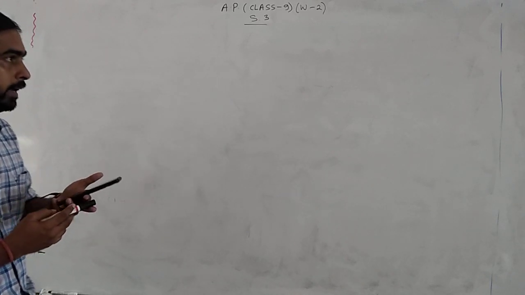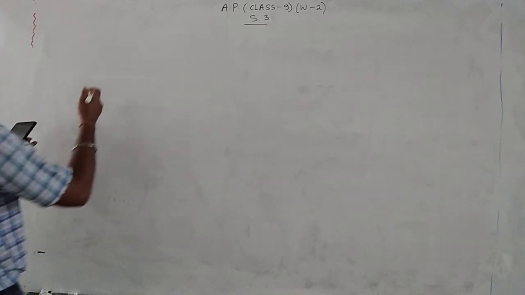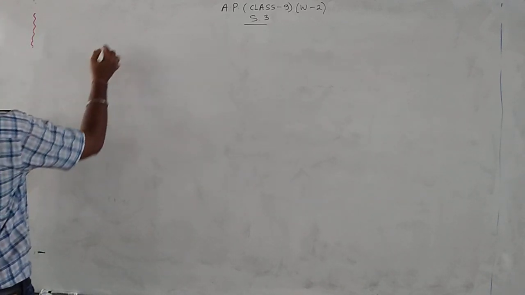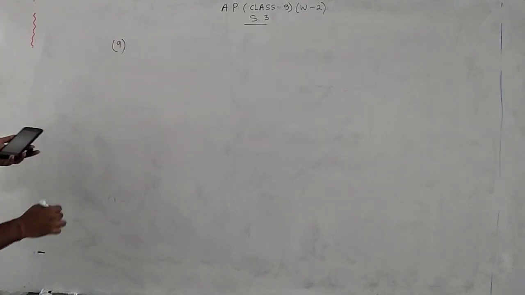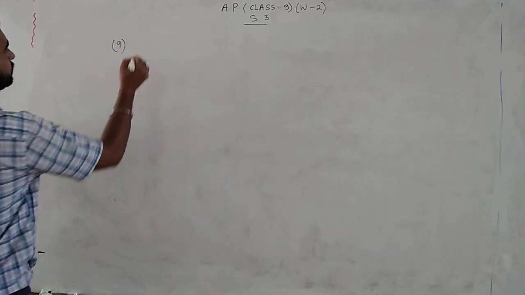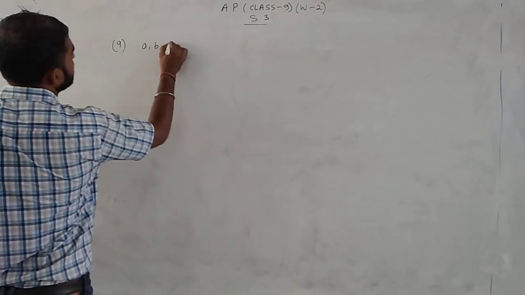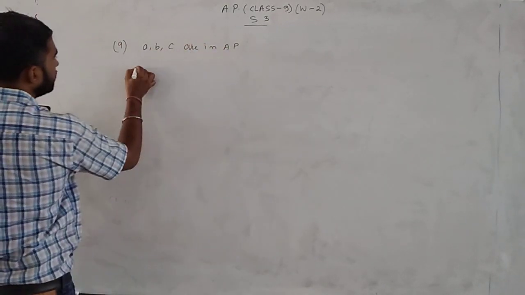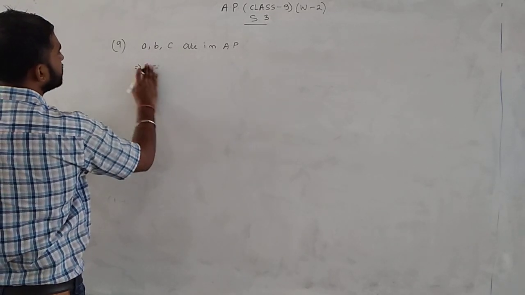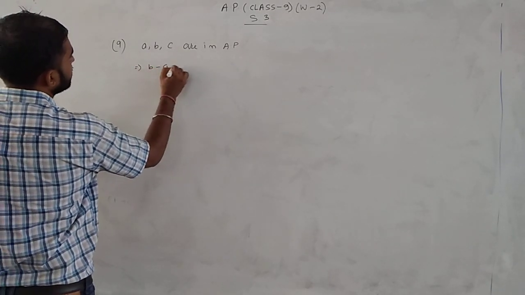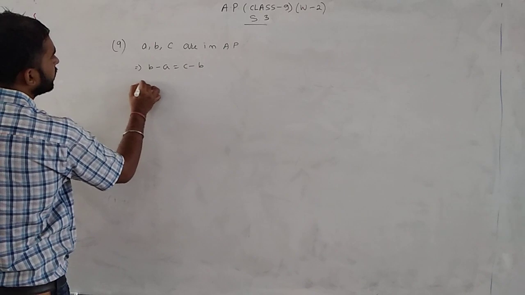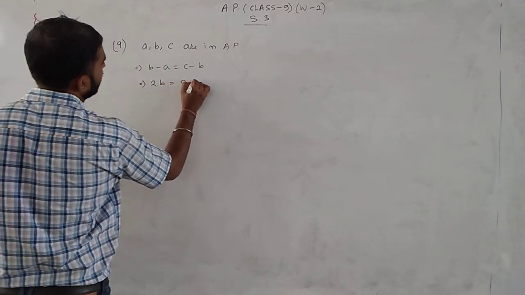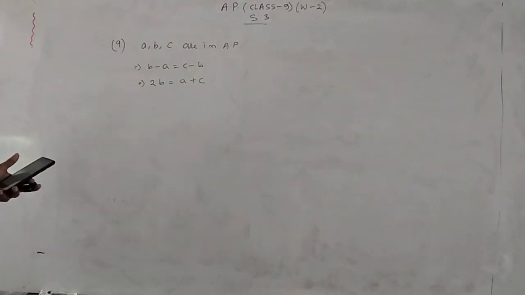Now question 9. If A, B, C are in AP, then twice B equal to, or simply first of all we can write B minus A equal to C minus B, or we can write twice B equal to A plus C. Got it?